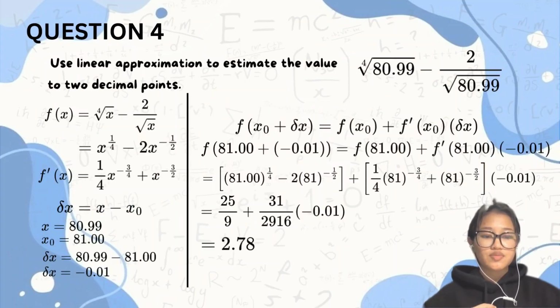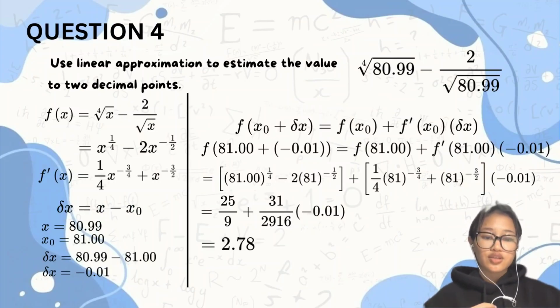Next, we substitute the values for each of what we found, which are x0, dx, function f(x), and derivative f prime(x), into the formula for linear approximation.